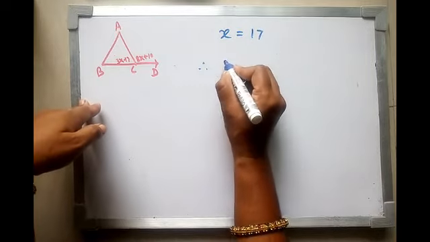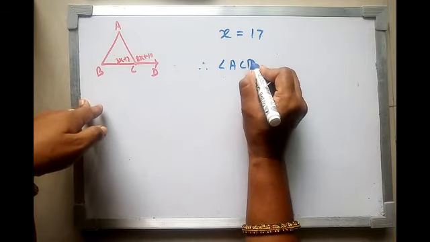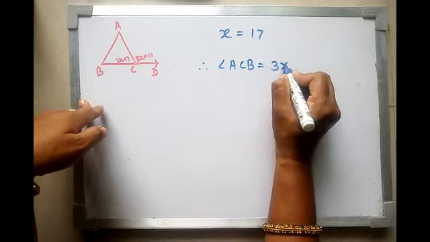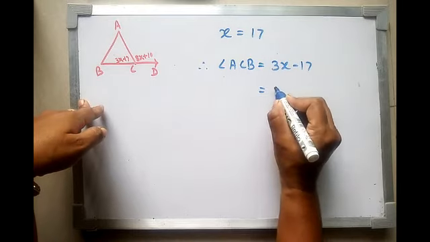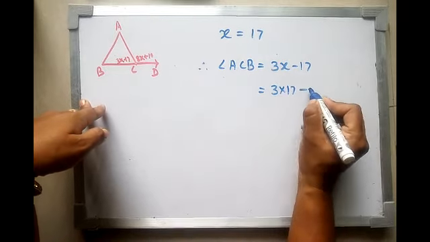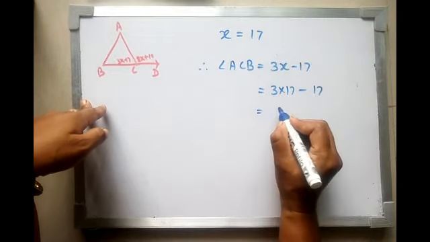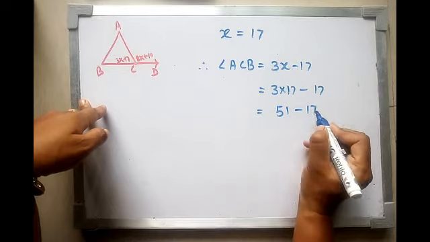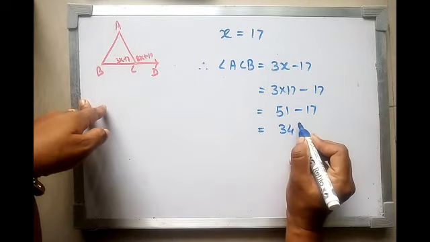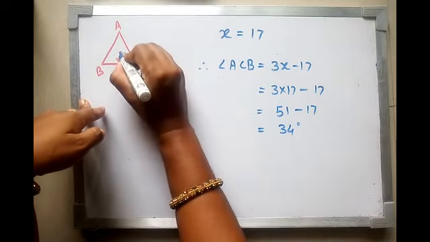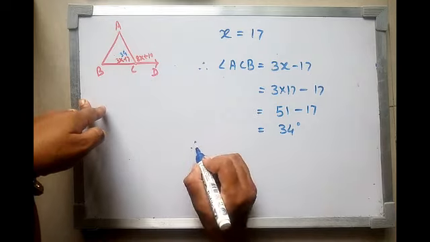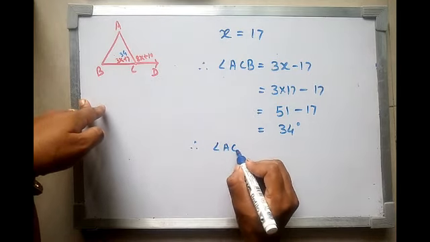We got the measurement of x. Angle ACB is equal to 3x minus 17. 3 into 17 is 51, minus 17, 34 degrees. Angle ACB is 34 degrees.